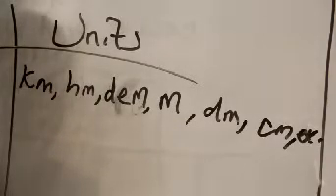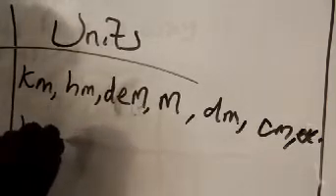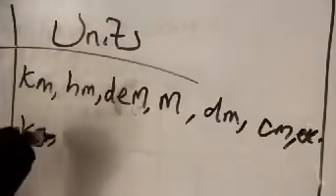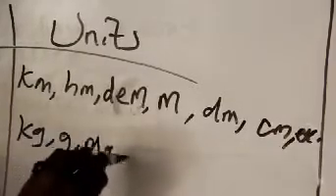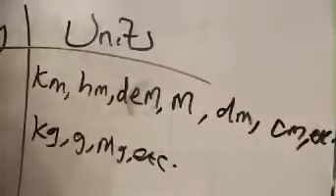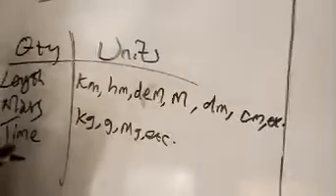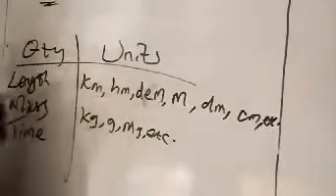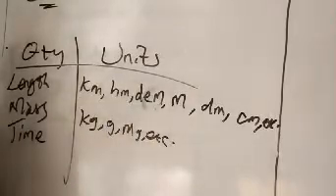So let's look at the units of mass. Kilograms, grams, milligram. I'll stop here. There are other units of mass, but we are concerned with the ones that are derived from grams, just like in length, we are concerned with the ones derived from meters.